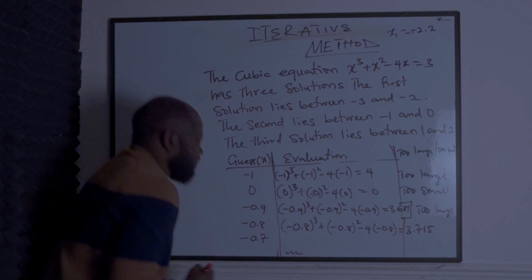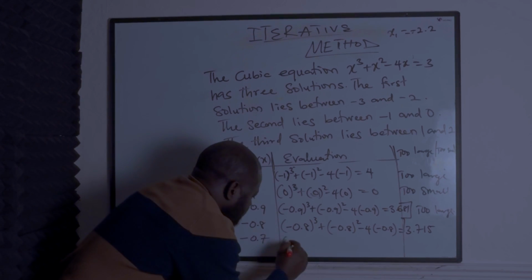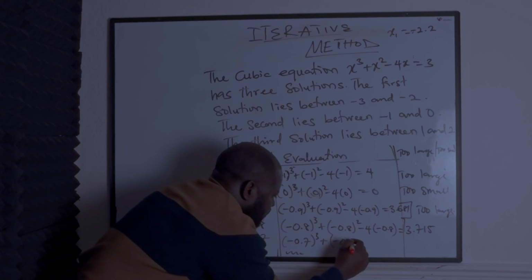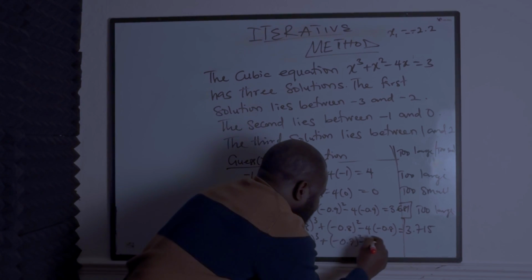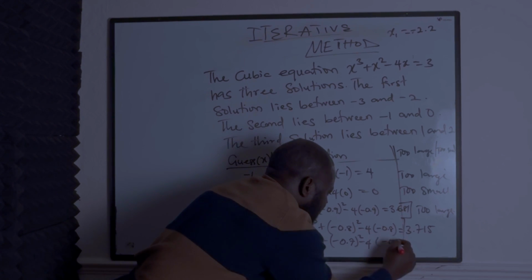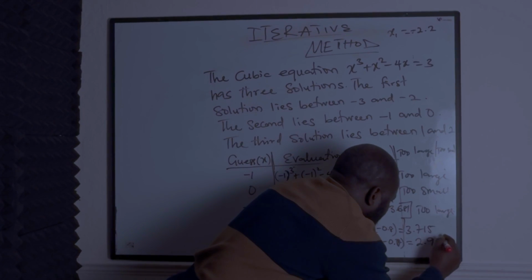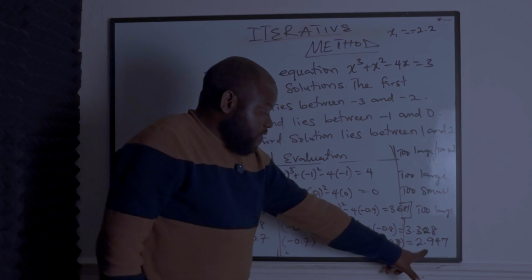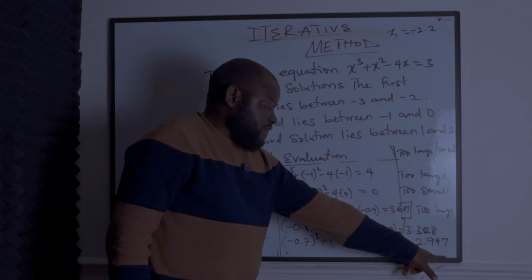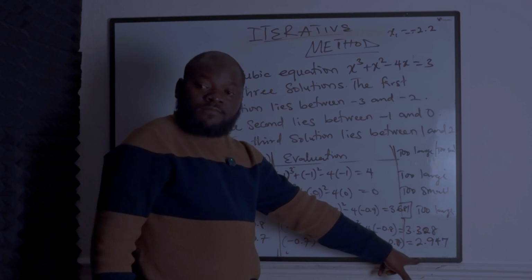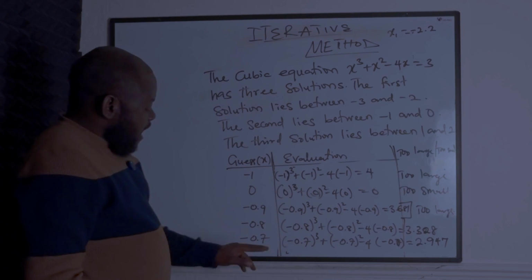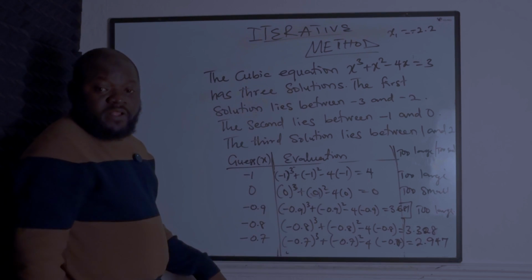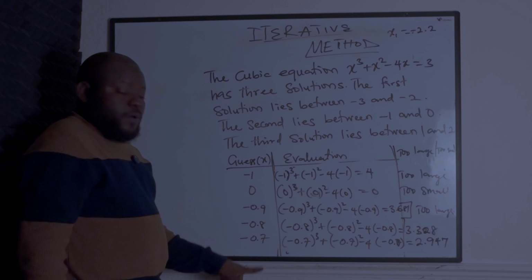Minus 0.7. That will be minus 0.7 cube plus minus 0.7 square minus 4 into minus 0.7, which is 2.947. So we have minus 0.7 to get us closer to the answer, which is 2.947. This is very close to 3. So let's try the next one after it, because since this one is very close to 3, we are not going to like to jump directly to minus 0.6.